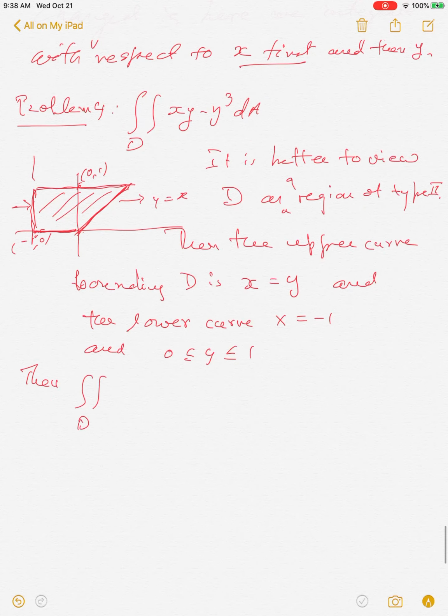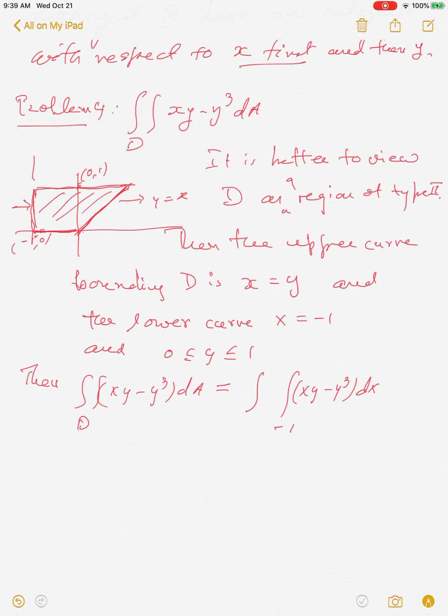Then your integral will be x y minus y cubed dA, and now my integration is with respect to x first, then y.